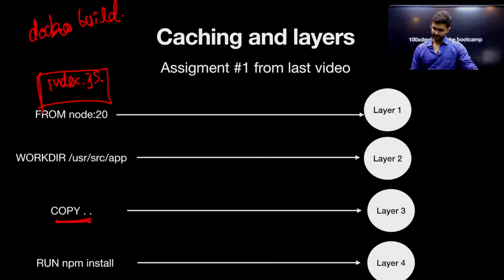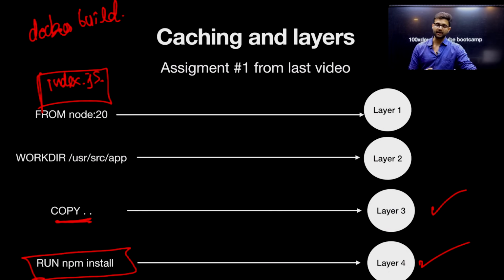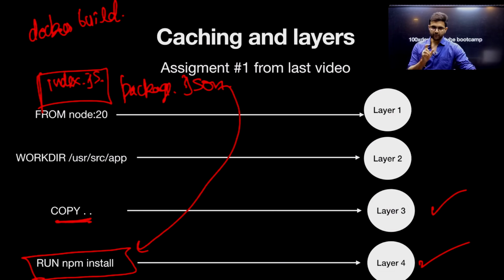This step changed, which means layer 3 changes, which means layer 4 changes, which means we're running this very expensive step again. But we shouldn't run this very expensive step again. Why? Because package.json did not change. And package.json is what infers what this thing does. If package.json ever changes, more specifically the dependencies inside it change.